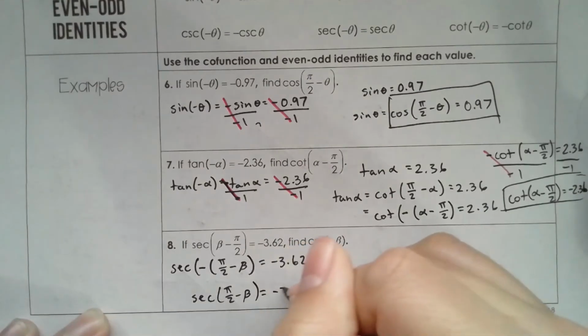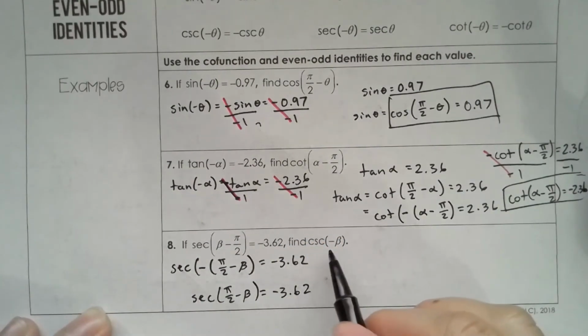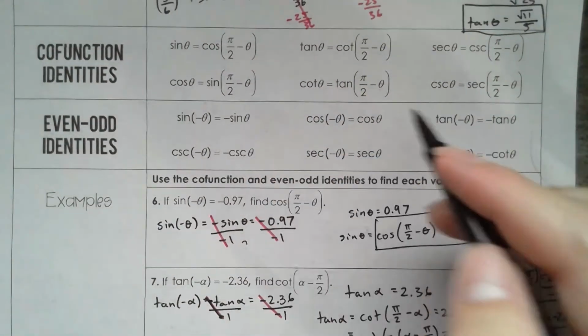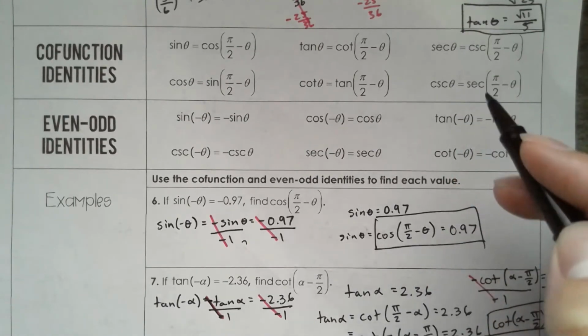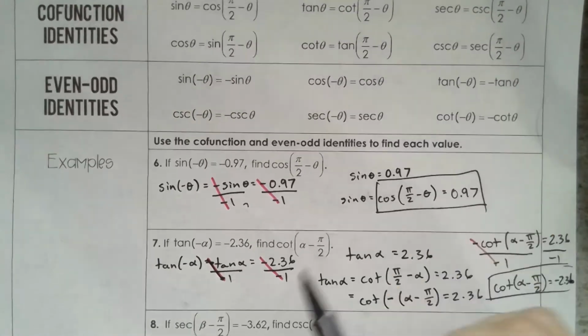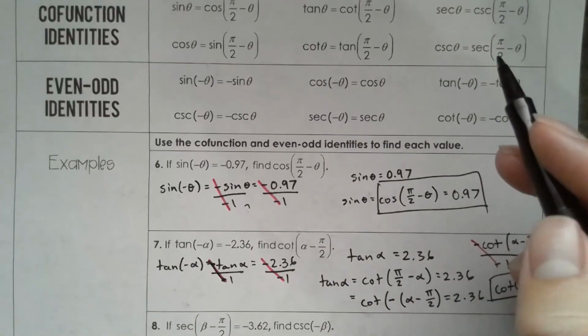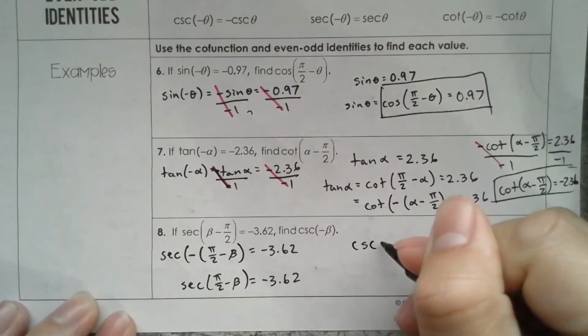I need cosecant negative beta. I have secant of this. Secant pi over 2 minus theta is equal to cosecant theta. I have pi over 2 minus beta. That's equal to that. So this is cosecant. So cosecant beta is equal to negative 3.62.